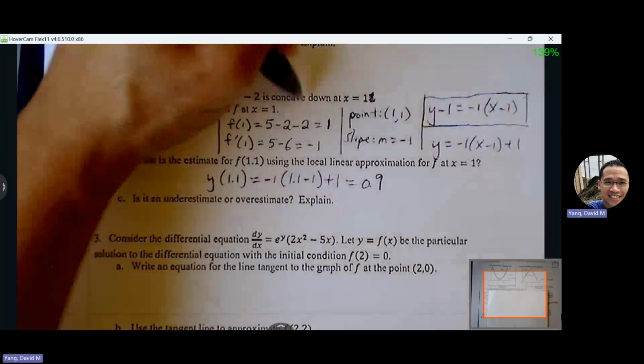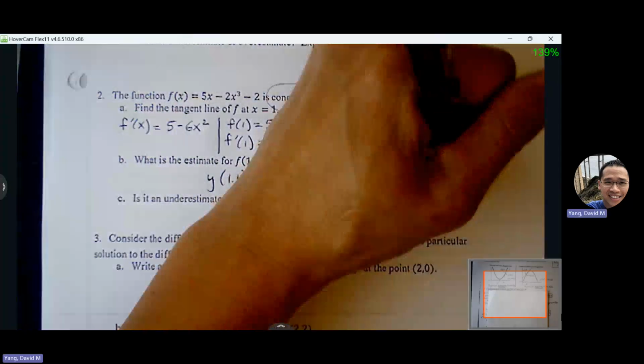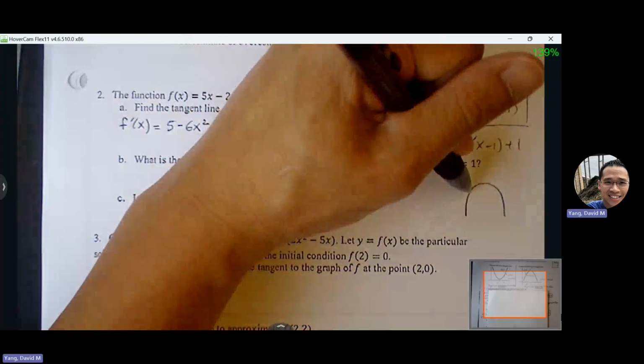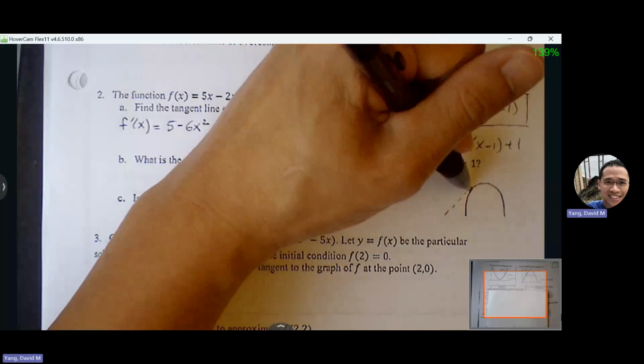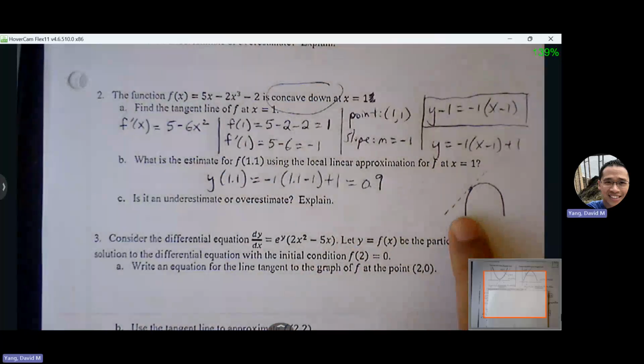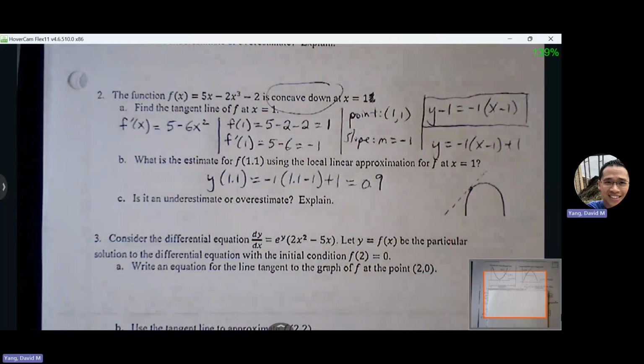Okay, now we know that our graph is concave down. So as long as we know our graph is concave down, it doesn't matter where our tangent line is. This is going to be what? Over approximating, yeah.